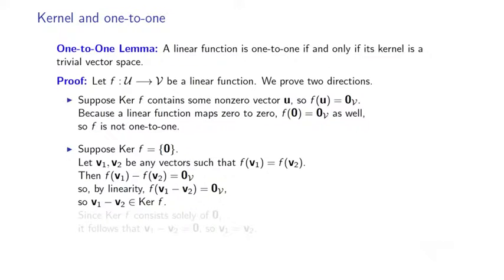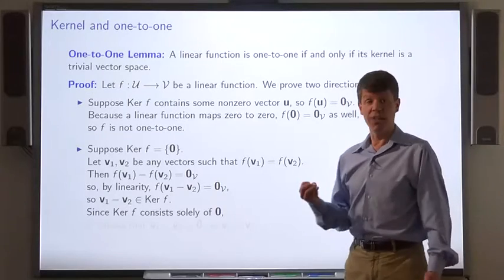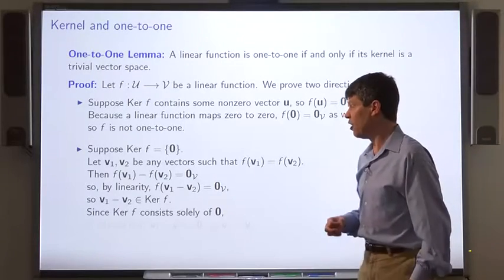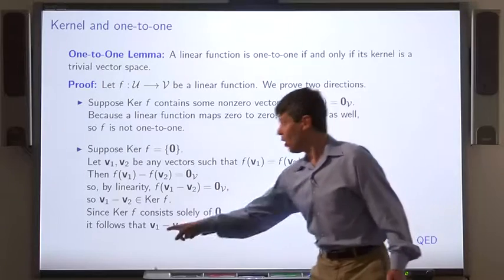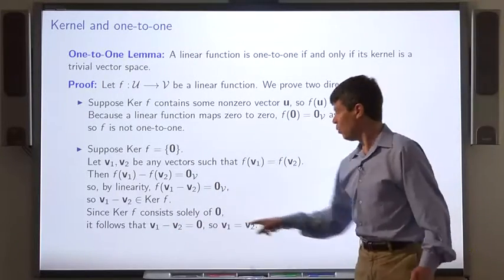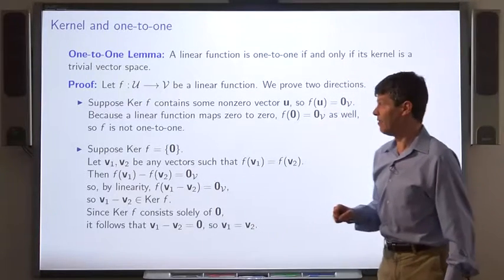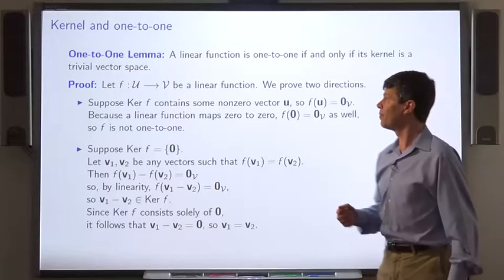And that shows that v1 - v2 is in the kernel of f. But we said that the kernel of f is trivial. It consists only of the zero vector, so it must be that v1 - v2 is the zero vector, which shows that v1 equals v2. So that shows that this function is in fact one-to-one.